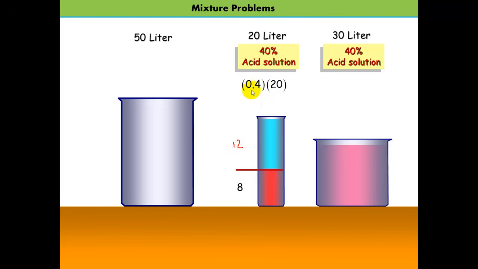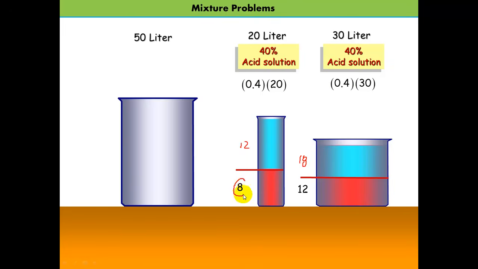We just do that by going 40% of 20, and that gives me my 8 liters of acid. Over here, this 30 liters of solution is made up of 12 liters of acid and 18 liters of water.